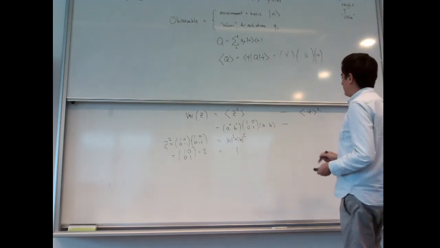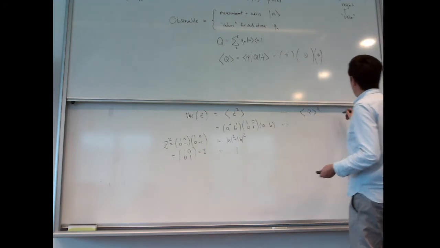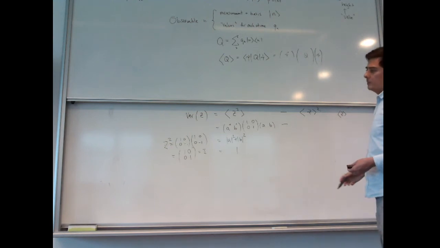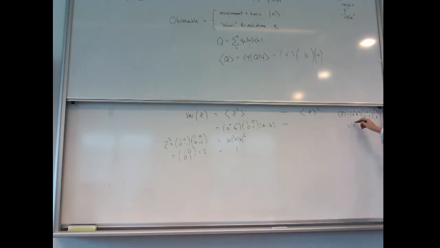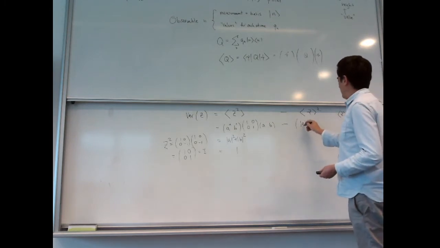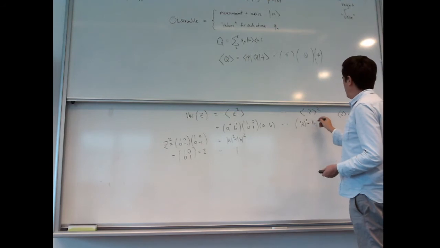So if you do that, the average of Z, I think, is that written down somewhere? No. Okay, the average of Z is A star, B star, times A, minus B, and so it's A squared minus B squared.